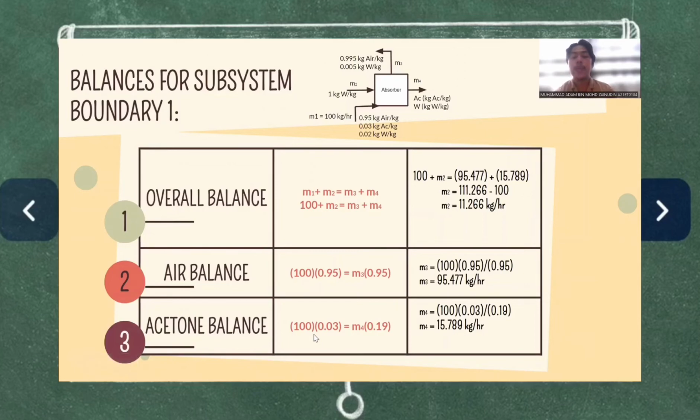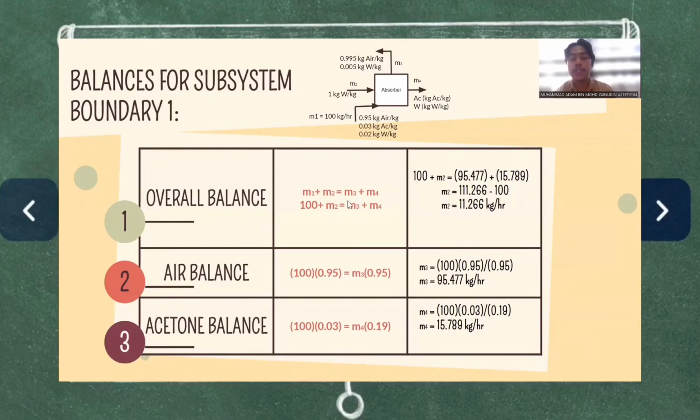The equation is 100 times 0.03 equals M4 times 0.19. Both air balance and acetone balance have only one unknown, which are M3 and M4 respectively. Now we get M3 equal to 95.477 kg per hour and M4 equal to 15.789 kg per hour.